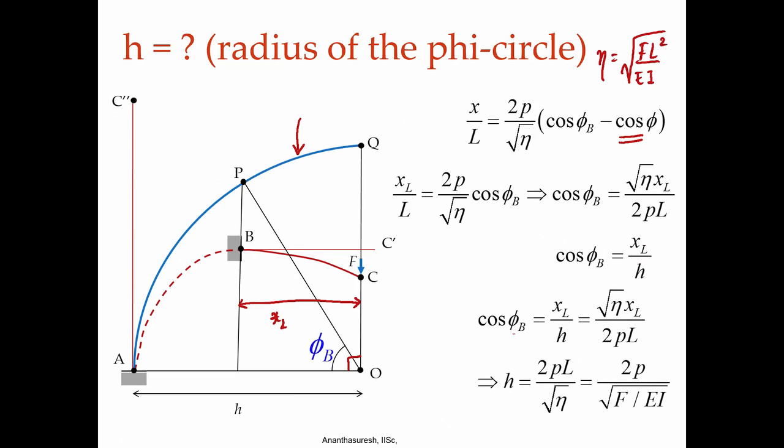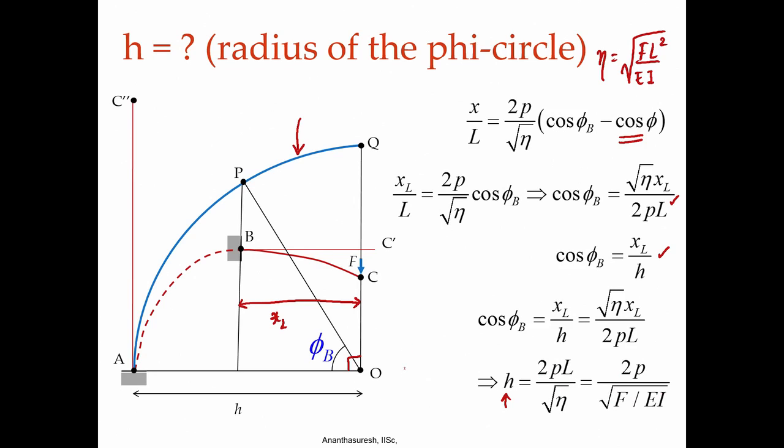So, cosine phi b is x sub L by h from here, which is also equal to square root of eta x sub L by 2 p L, and from here we can get h to be equal to 2 p L by eta, or 2 p, because eta is F L square by E I. Substitute, it will become, L gets cancelled, square root of F by E I.